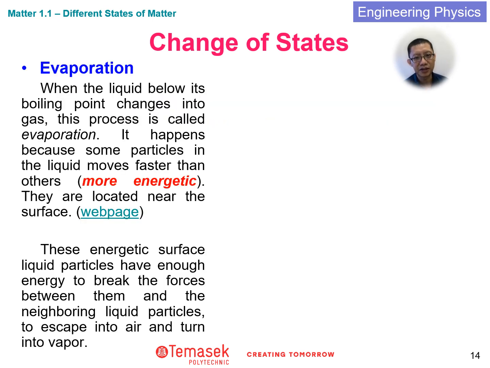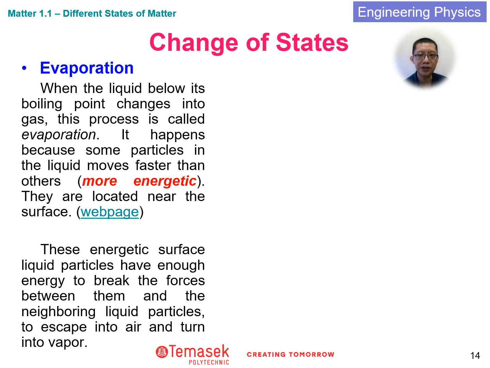Evaporation occurs when a liquid below its boiling point changes into gas. This happens when some particles in the liquid are more energetic than others, and they are often found near the surface of the liquid. These energetic particles have enough energy to overcome the forces holding them in the liquid.